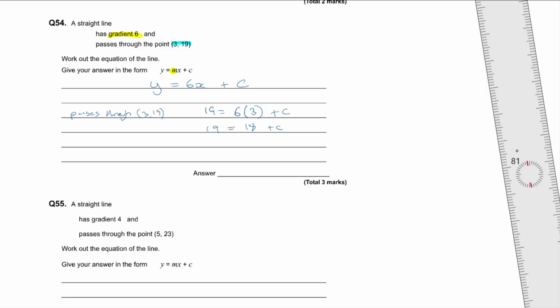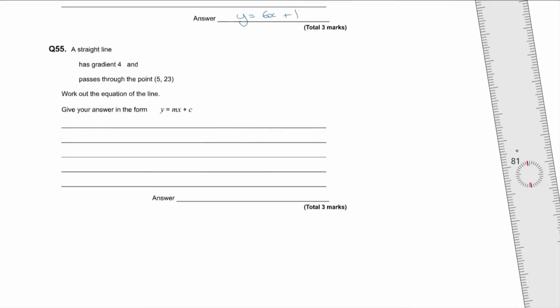So c is 1 basically, isn't it? c is equal to 1, or taking 18 away from both sides. Either way, c is 1. Okay, so I know the gradient is 6, I know the y-intercept is 1, so therefore the equation of the line is y is equal to 6x plus 1.